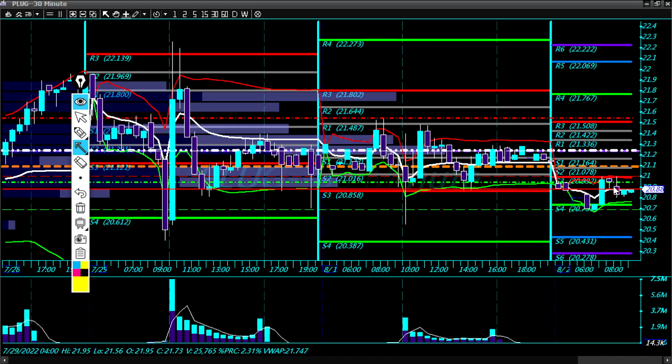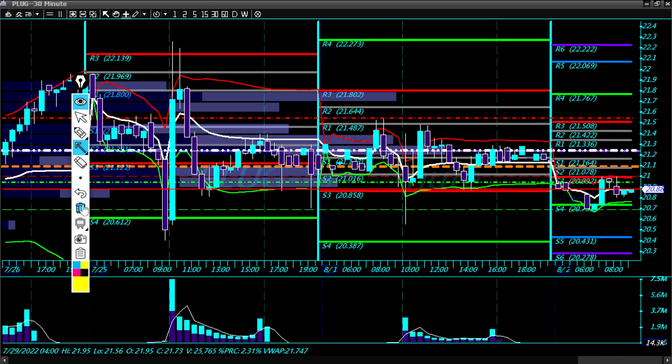So if we do get this breakout and hold below S3, or get a retest of 21 right here to go short if the market is weak, we could get a nice flush down to like 19, right? And if we do hold above S3, we could get the run up to above R4, or even try and break out to R5, 22.